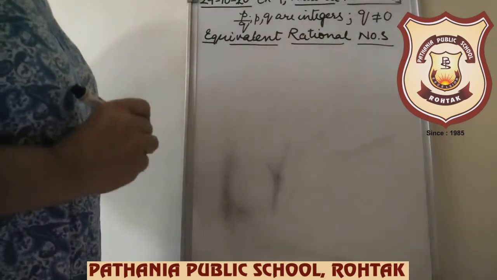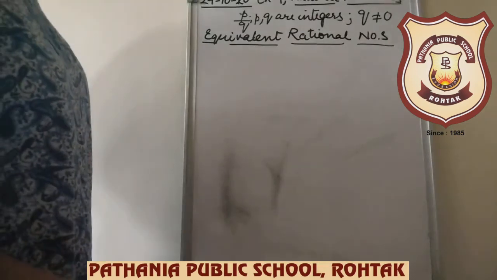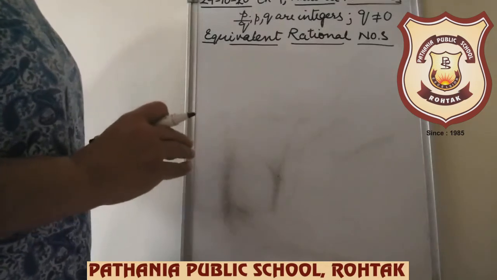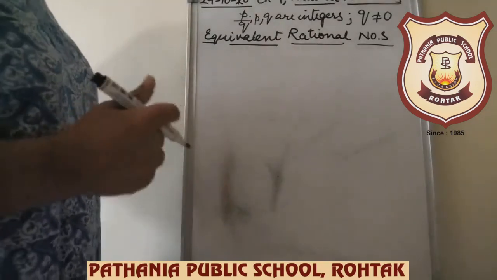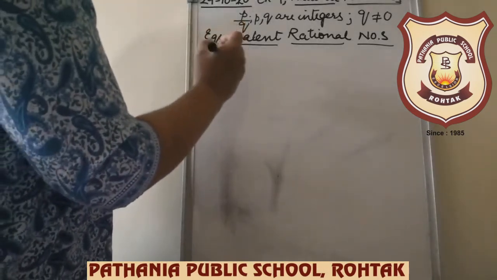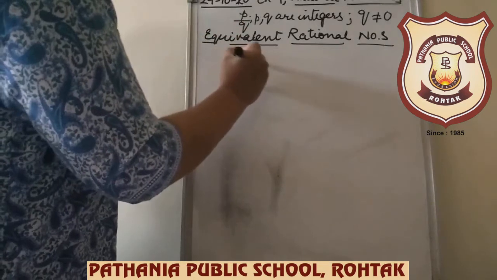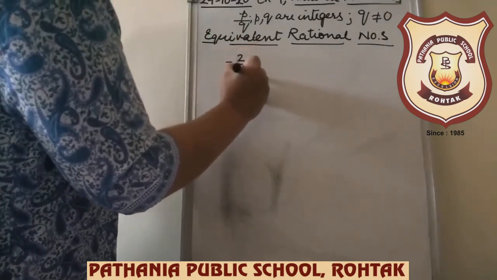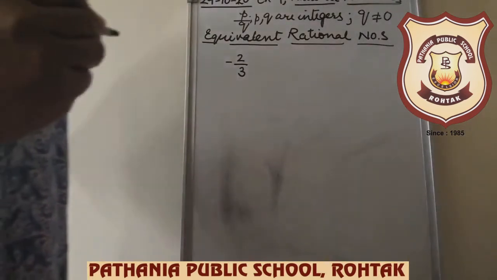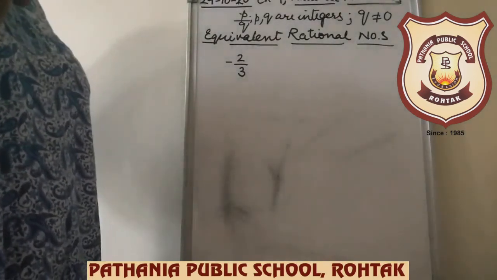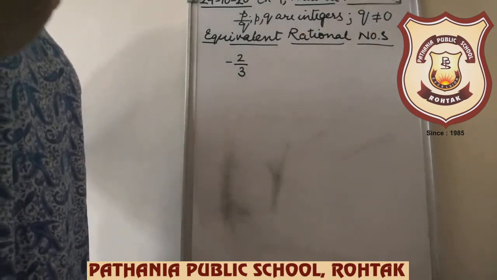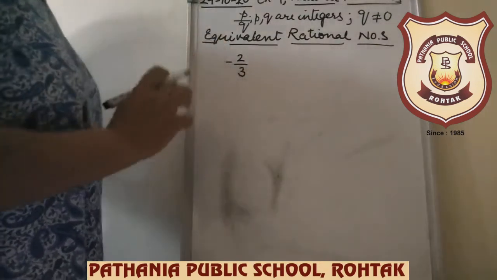Now, if I give you a rational number, suppose I take minus 2 upon 3. Then I say that write at least 3 equivalent rational numbers to the given rational number.